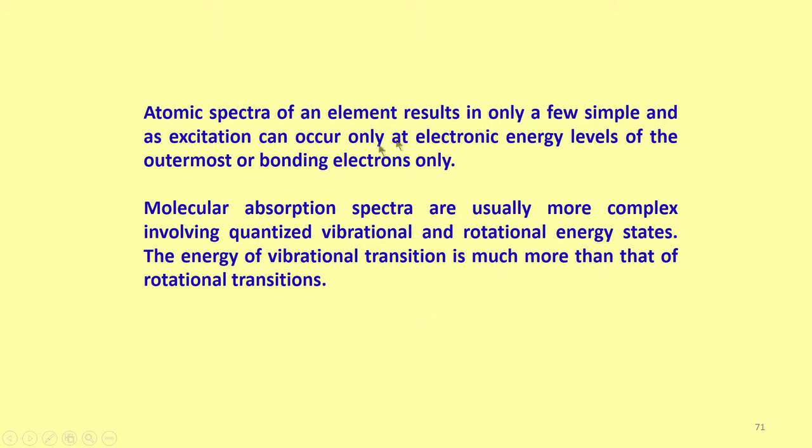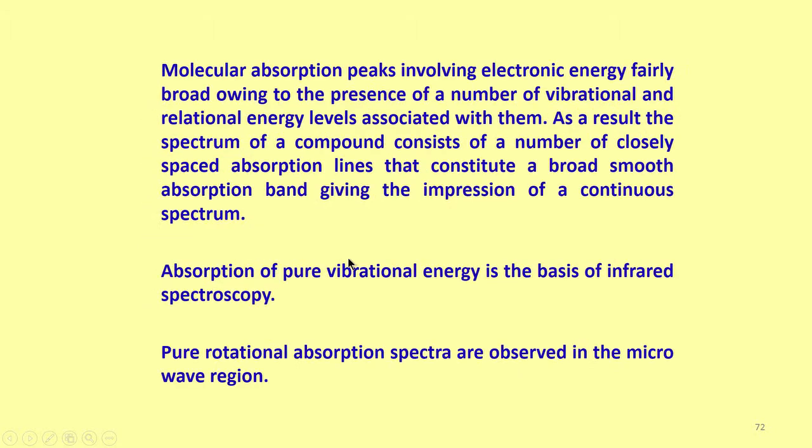An atomic spectrum of an element results in only a few simple lines, as excitation can occur only at electronic levels, of the outermost or bonding electrons only. Molecular absorption spectra are more complex. This we have already covered a number of times now.